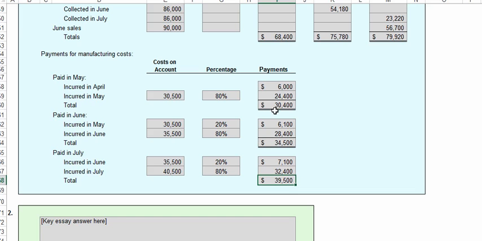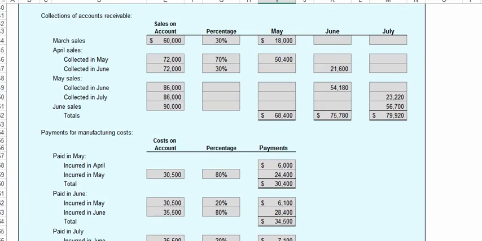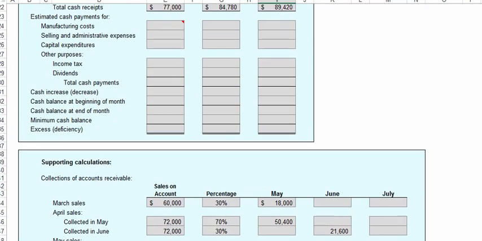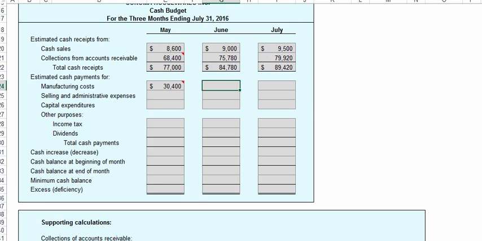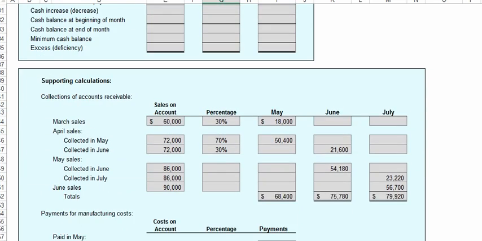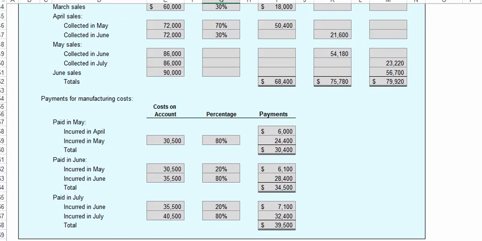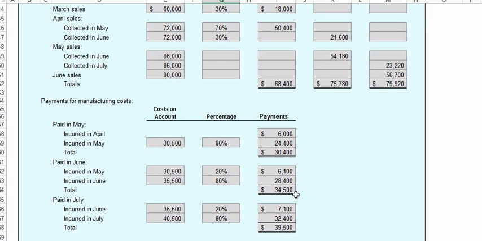Now we want to move these three numbers up to our main budget. We got 30,400 for May. Now let's look for June. For June, we have 34,500.